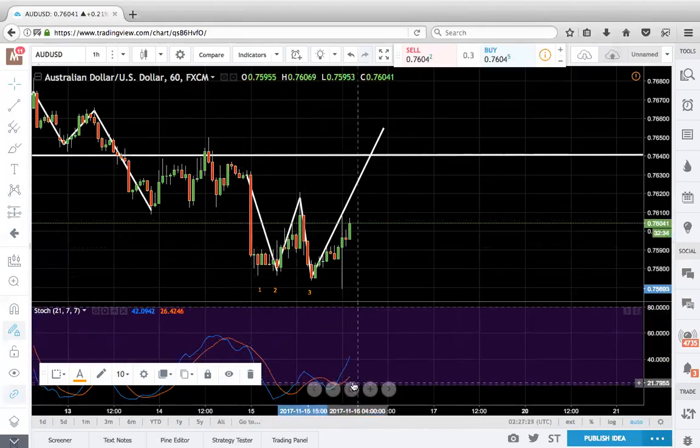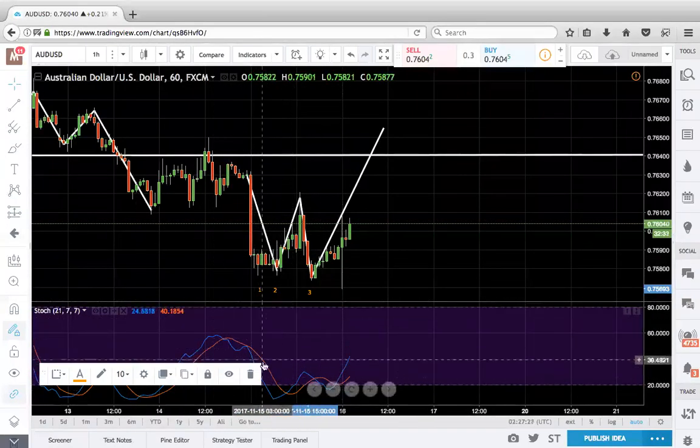Not just that, it's oversold, and you can even see that it's on the rise. It's indicated by this stochastic indicator.